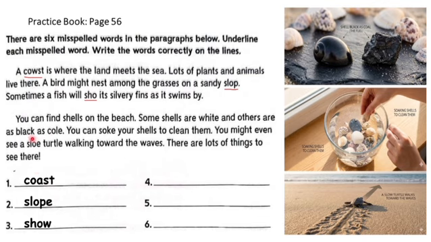Let's look closely at the first sentence. You can find shells on the beach. Do we have any misspelled word here? No, all the words are correct. So let's move to the next sentence. Some shells are white and others are as black as coal. Here I'm talking about the shells. Do you see this shell, for example? This shell is as black as the coal, the word coal.